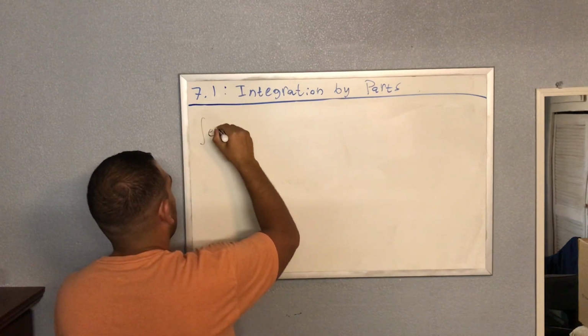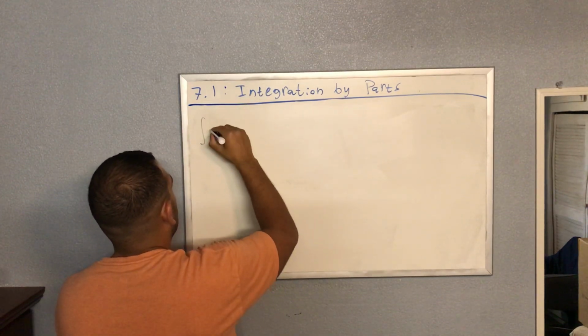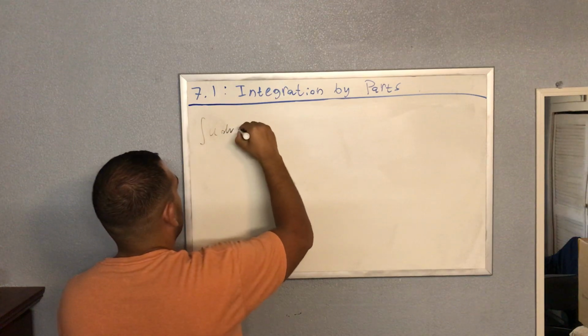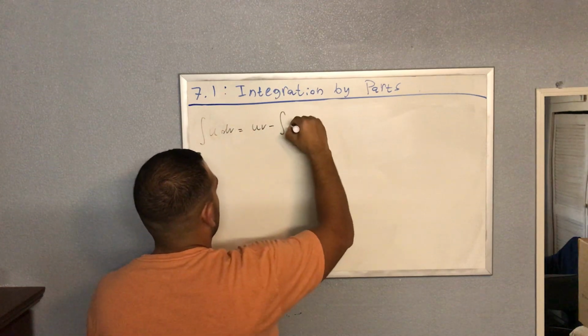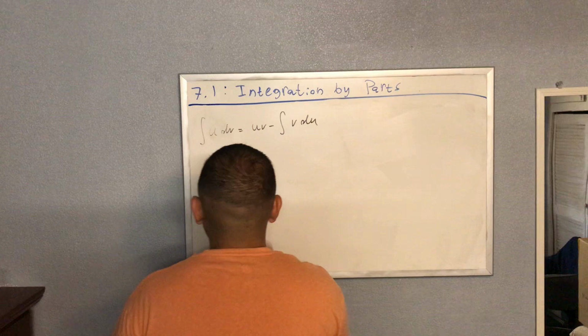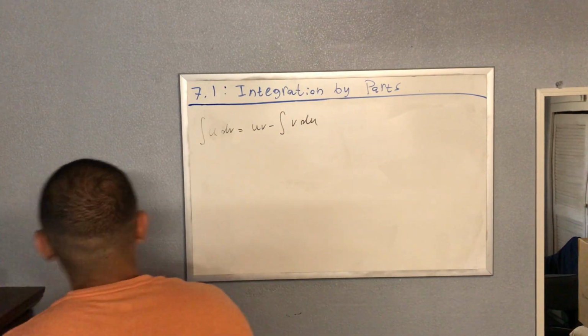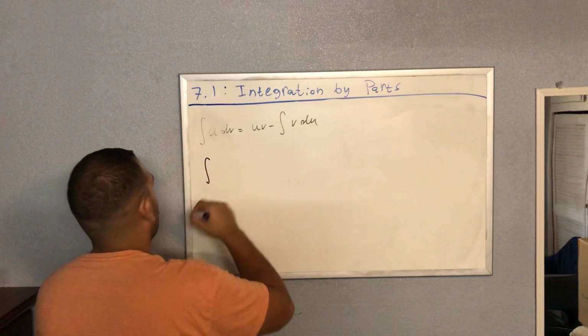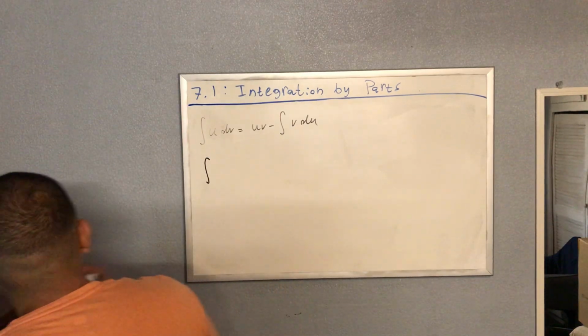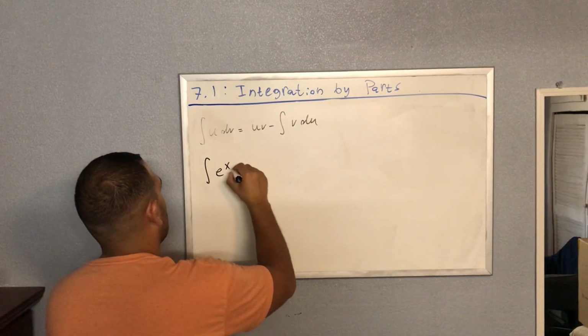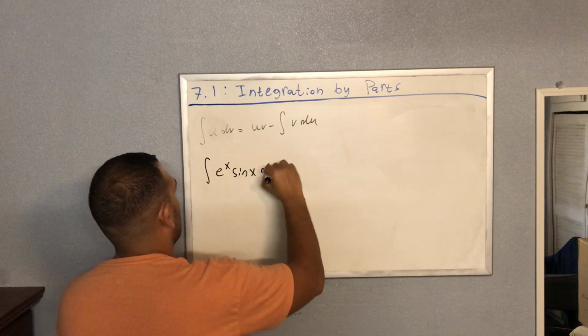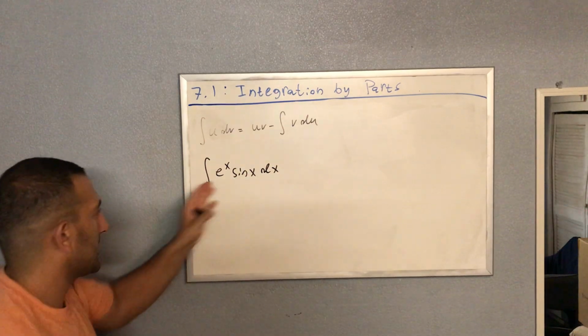Oh, and I erased the formula, I'm so sorry. We said the integral of u dv was uv minus this. So that's the integration by parts formula. And what we're interested in now is the integral, much darker, e to the x sine x. So this is the integral that we want.